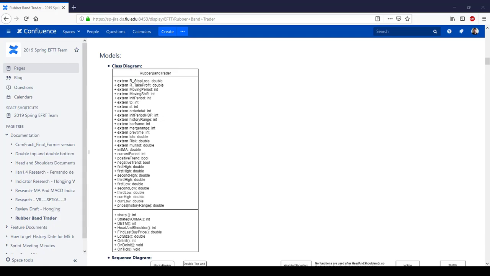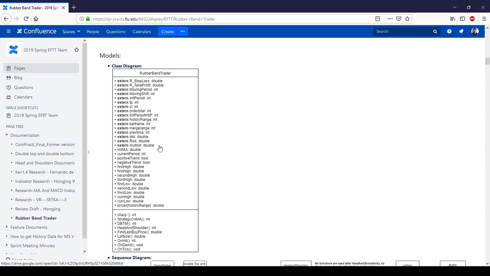To start, let's take a look through the diagrams to have an overview of what we're going to be looking at. Rubber Band Trader is composed of 3 algorithms and the code to glue them together, switch between them, and determine whether they shall be used to generate a trade or not.